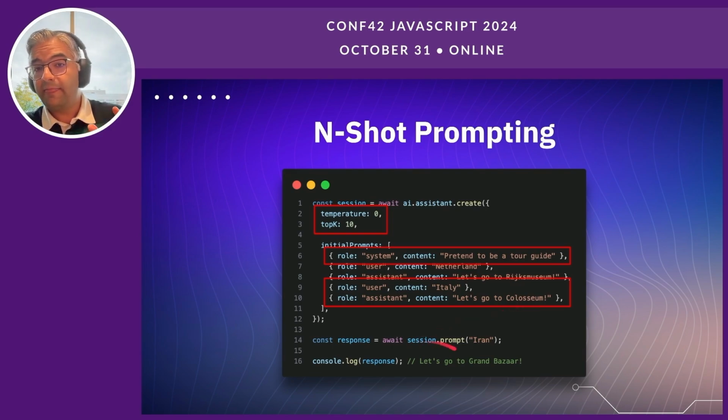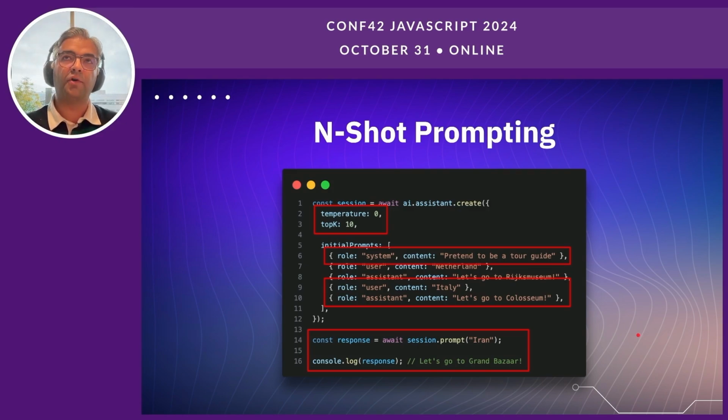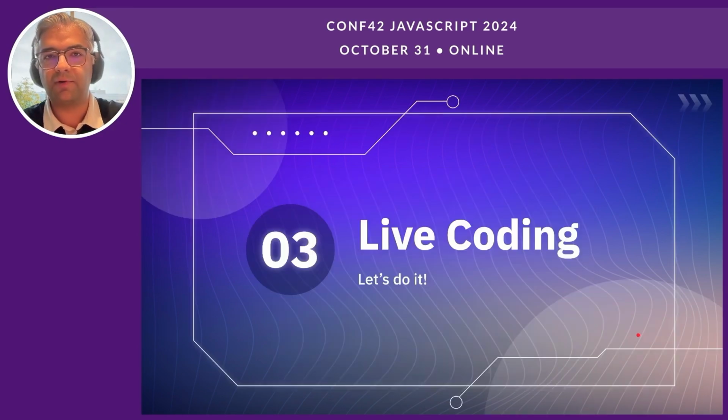What if now I ask something new? Tell me something about Iran. Since the LLM just learned that my user expects this kind of sentence, the response in this case would be, let's go to Grand Bazaar. Why not? So nice. That's how it works. It's one of the techniques to improve your prompt, which is few-shot prompting.